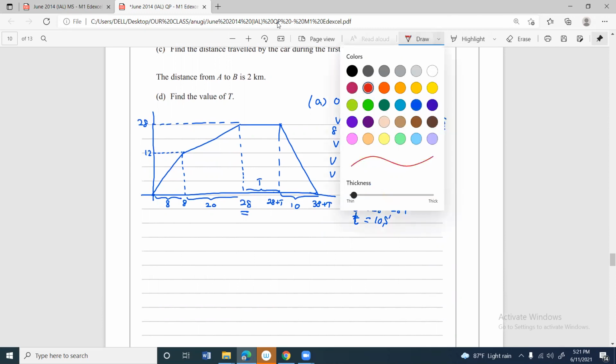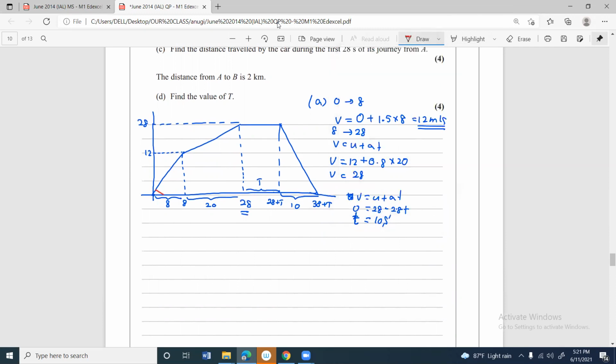I'll use a different color for that. This area we need to find. Initially I get this triangle over here, it's half base into perpendicular, that is 12, plus the area of this trapezium, 12 plus 28 divided by 2 into 20. That's the answer for that.